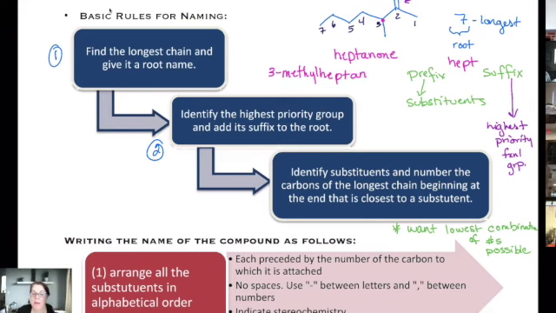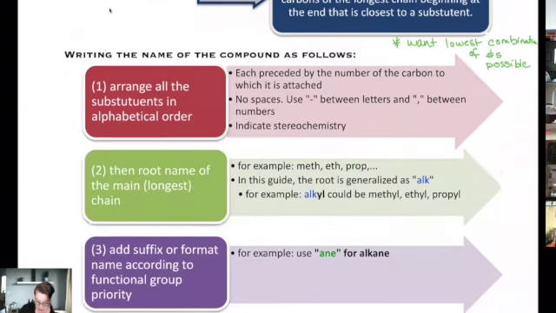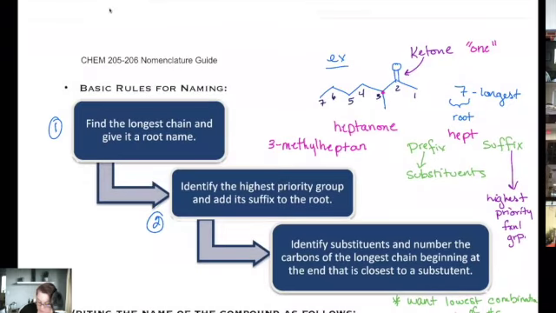And now we're going to name another number to tell us where the substituent is. Okay, so the substituent is on carbon 2, so we're going to use dash 2 dash ONE. Okay, so this whole name for this molecule is 3-methyl heptane 2-one.